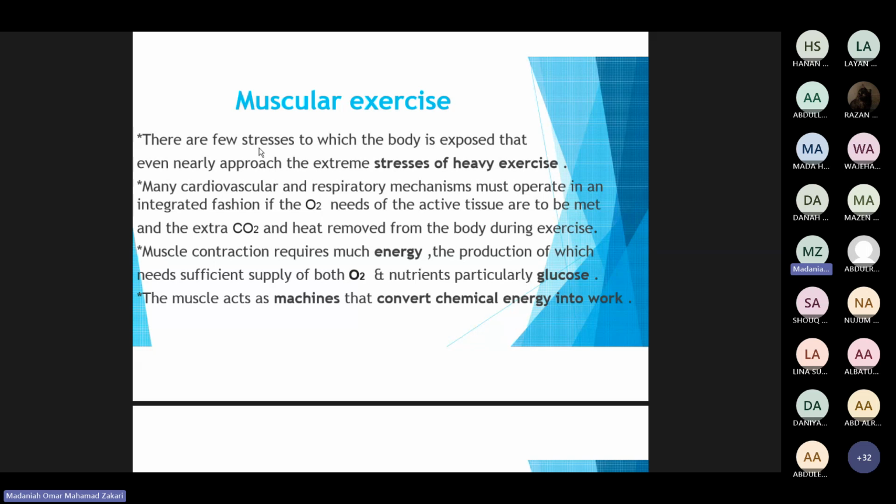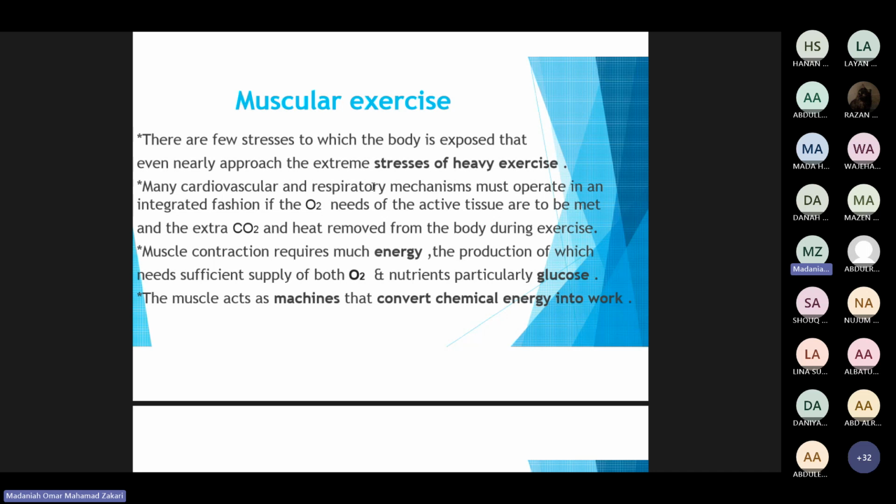There are a few stresses the body is exposed to, and one of them is the stress of heavy exercise, like a marathon, or individuals who are so fit for their body.